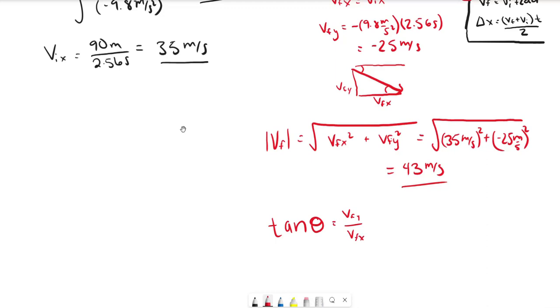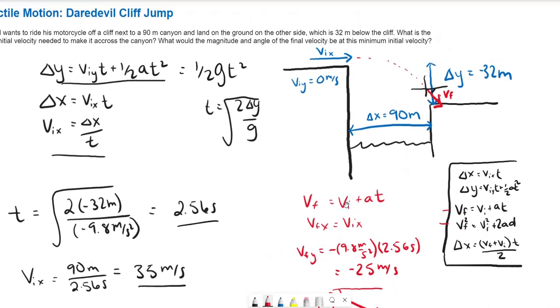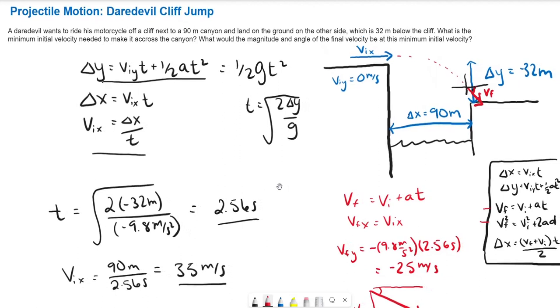And then solving for the angle, theta equals the inverse tangent of vfy, which is negative 25 over 35. Meters per second units cancel out. And that's going to give us an angle of negative 36 degrees. So this is our magnitude and angle of the final velocity. That's given up here.